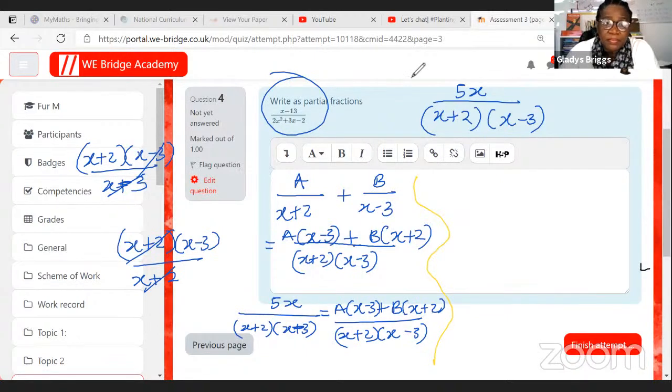5x is equal to A times x minus 3 plus B times x plus 2.